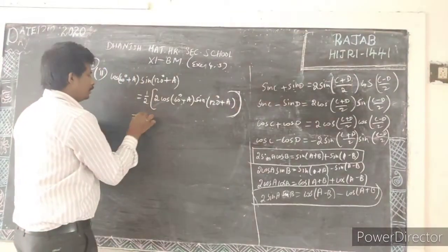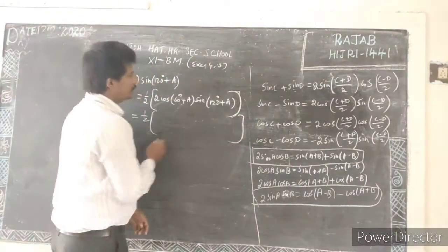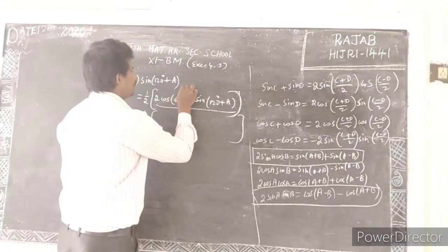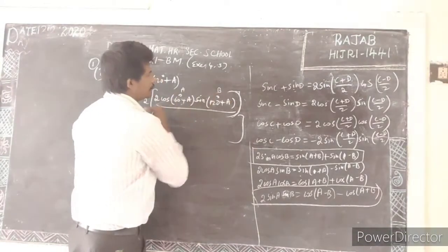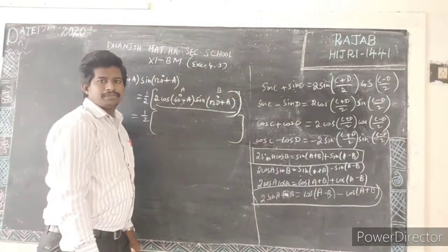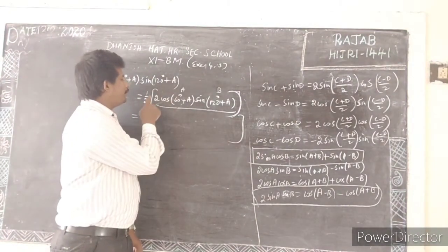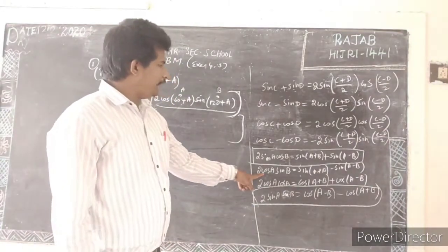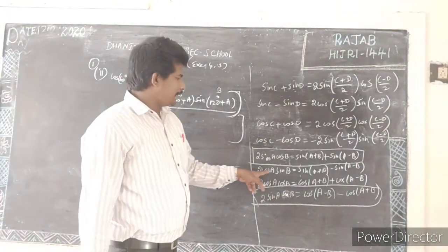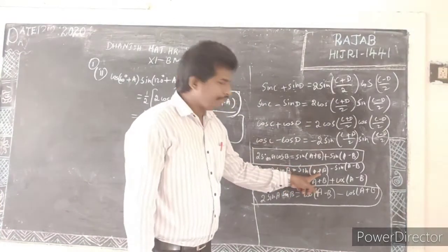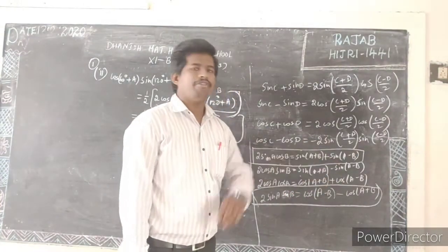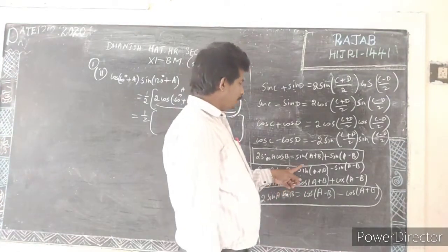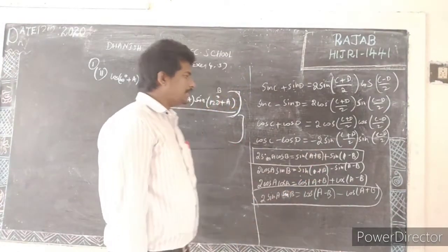Now 1 by 2 into, so look at this, you can consider this as a as well as the next term as b. So this is in the form of 2 cos a sin b, which equals sin of a plus b minus sin of a minus b.